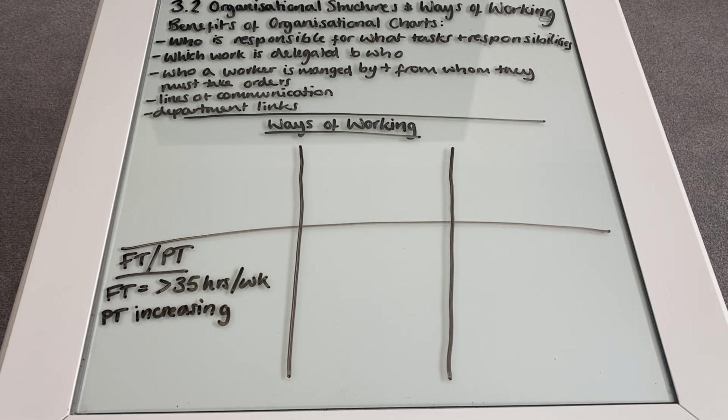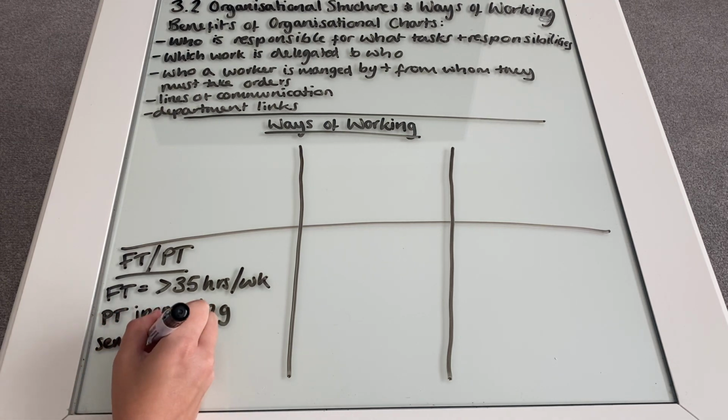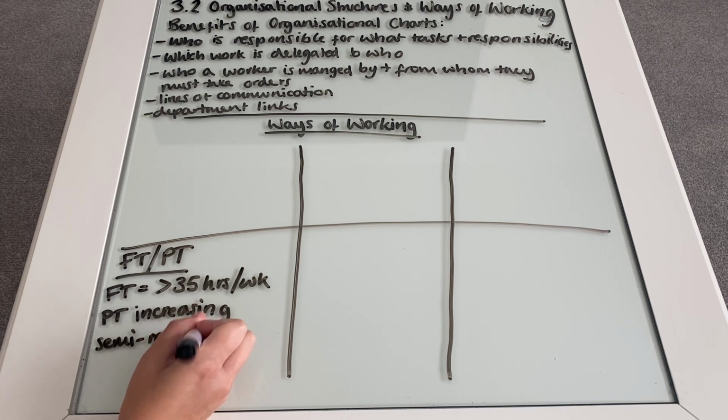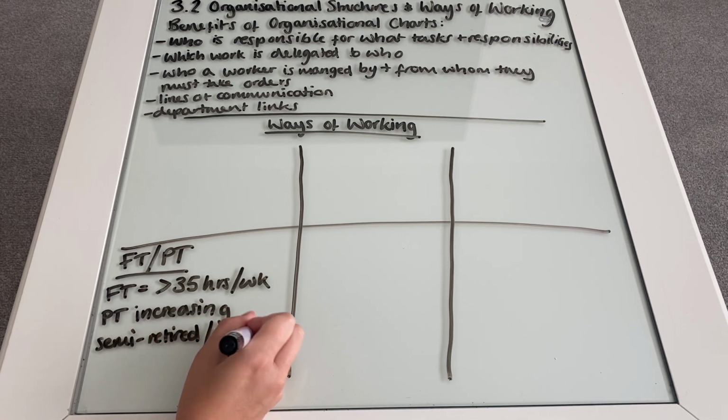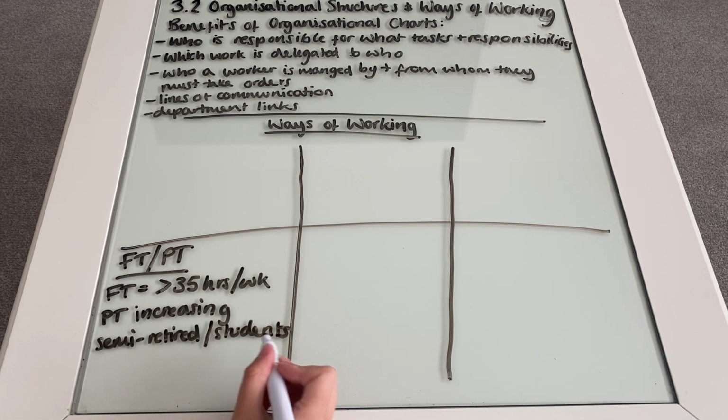Part-time also suits semi-retired people and students. Because they're working around something else. They're working around their retirement time, they're working around schoolwork, uni work, whatever it is they're doing.